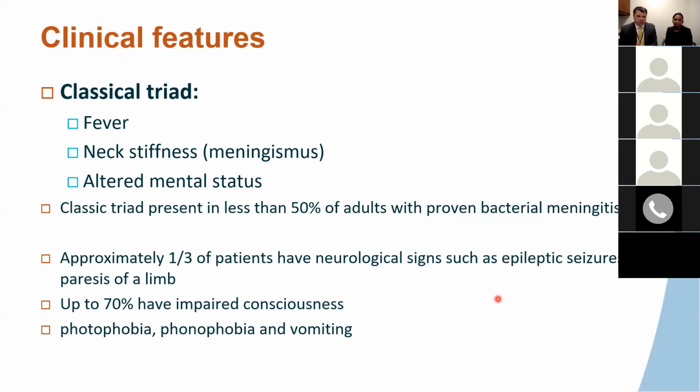And one third of patients have neurological signs such as seizures. This would be a neurological sign like paresis of a limb. 70% have impaired consciousness. And photophobia: sometimes you'll come to see the patient and the lights are off, and they'll be covering their eyes, lying in bed, and they don't want to move, they don't want to talk to you, they don't want to do anything.